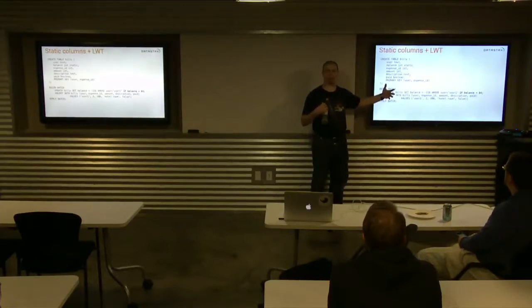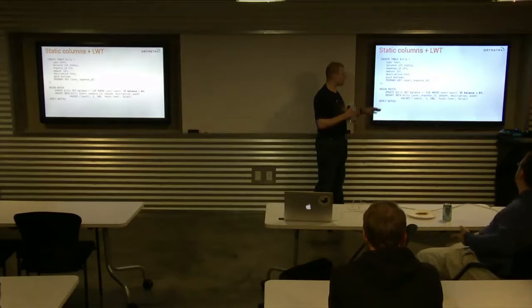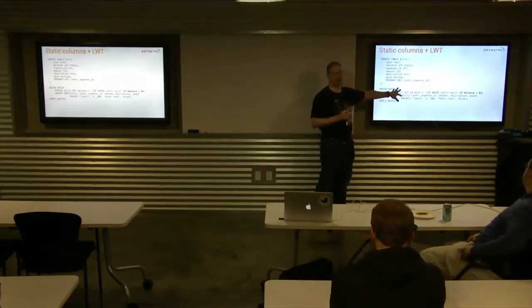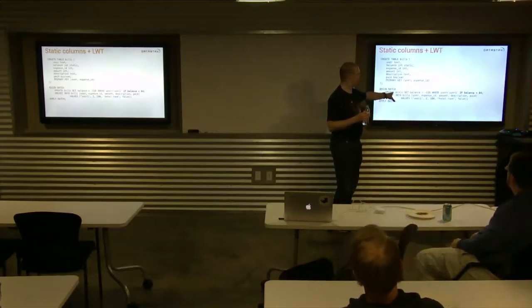But all the operations still have to be in a single partition. So you can use lightweight transactions in a batch as long as those are in a single partition. That's the rule. It will reject attempts to do a lightweight transaction across multiple partitions.